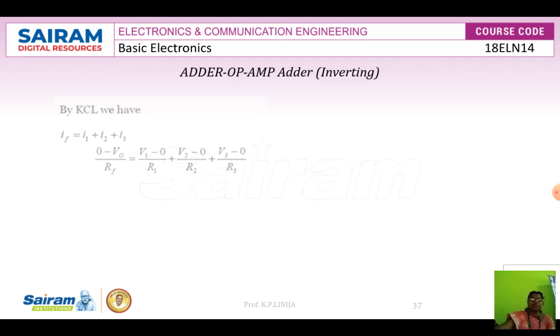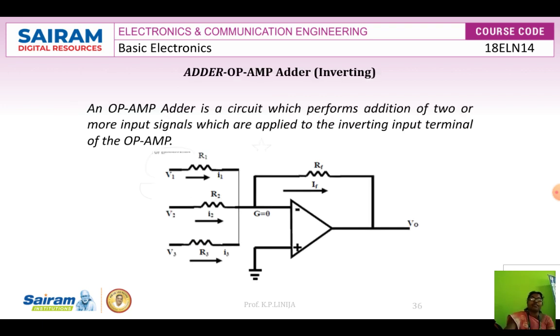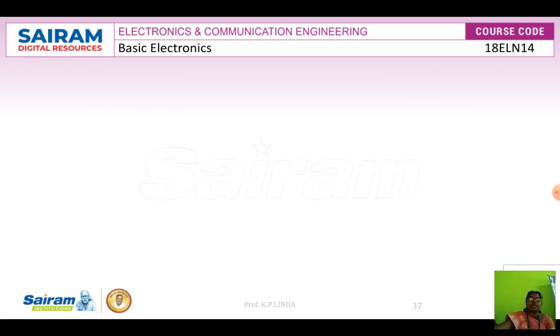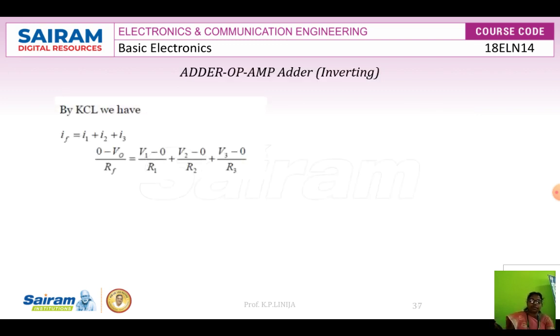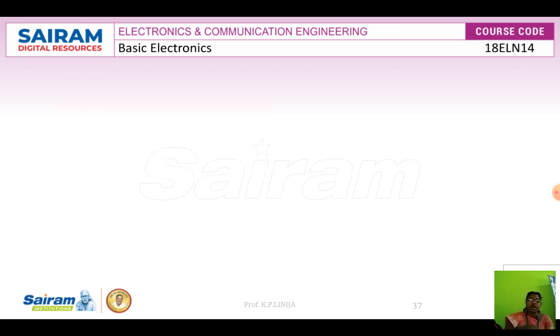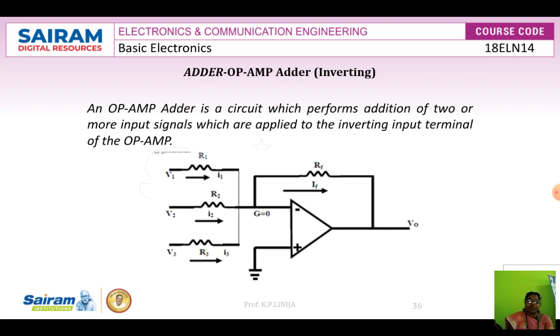Here, applying KCL, that is Kirchhoff's current law, we know from the circuit that IF is equal to I1 plus I2 plus I3. Now how do we calculate I1? I1 is VA minus V1 divided by R1.